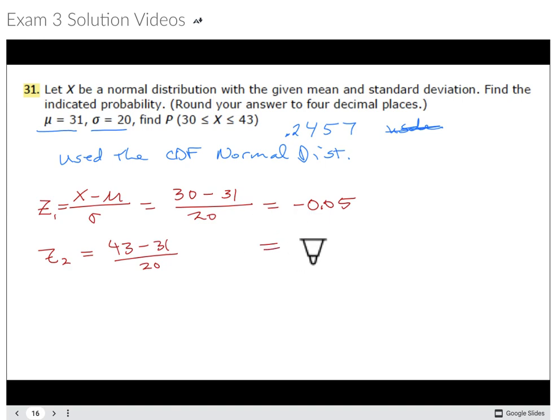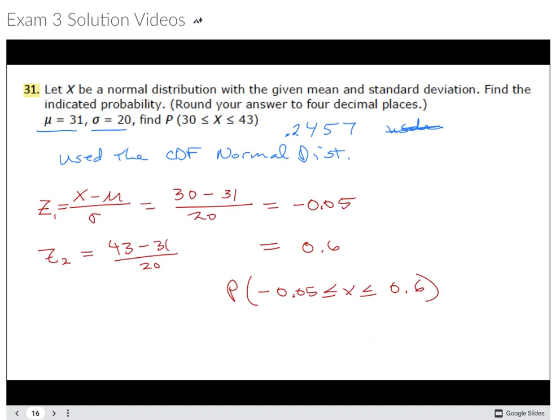And that's going to give us 0.6. So then we could just use the standard normal and get the probability from negative 0.05 less than or equal to x less than or equal to 0.6.